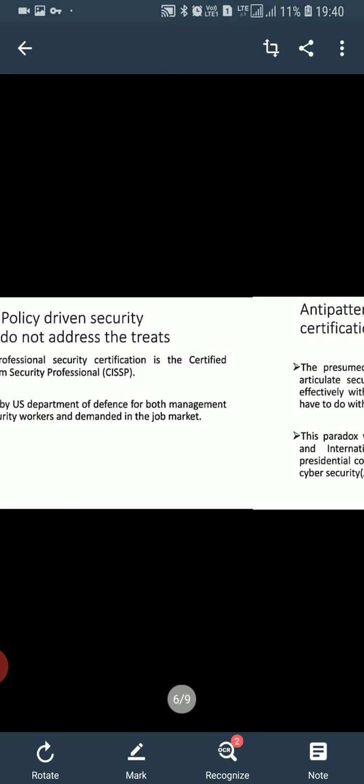It is required by the US Department of Defense for both management and technical security workers and demanded in the job market.